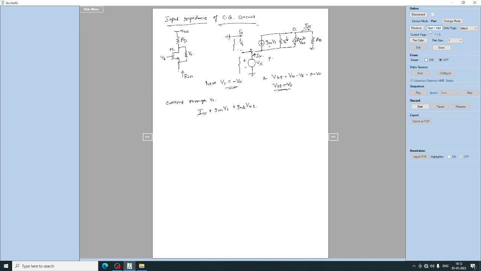So I can take it as minus Ix minus GMV1 or minus GMB VBS, which will be equal to 0, and Ix minus Gm plus GMB into Vx, substituting V1 as minus Vx and VBS as minus Vx. So now we have the total voltage Vx.